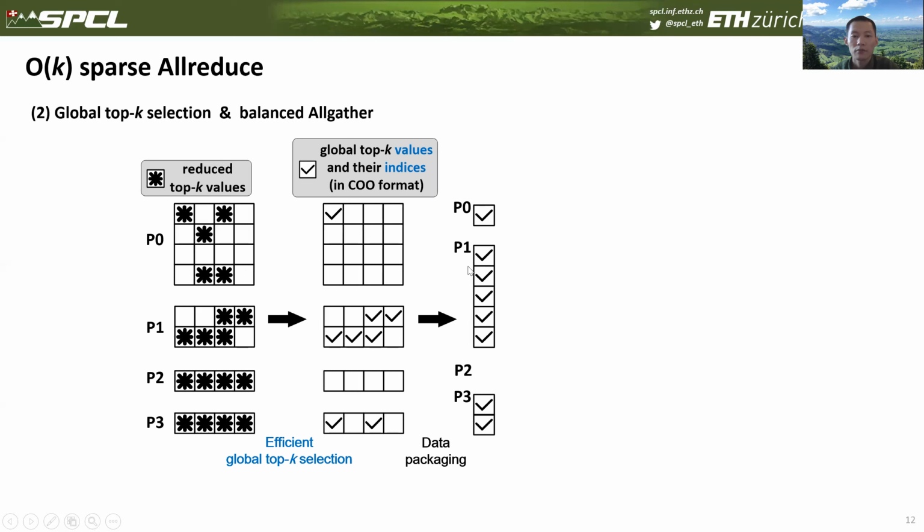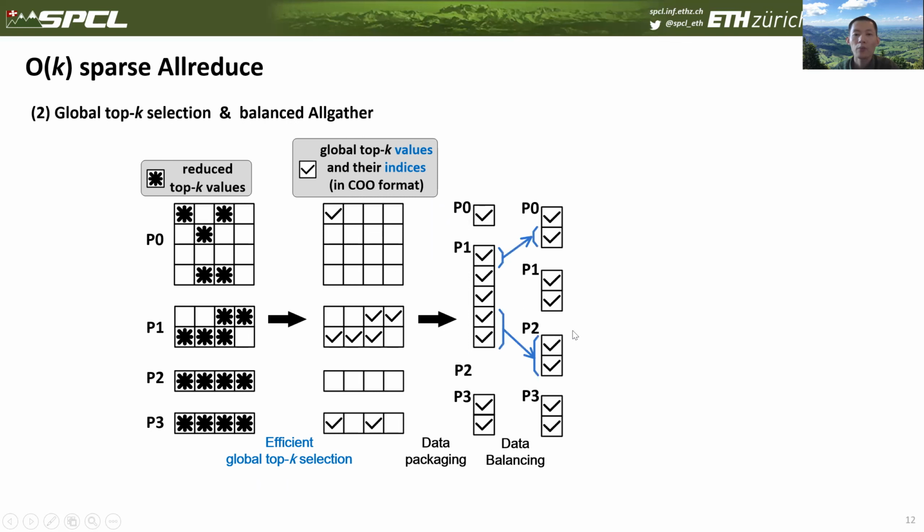And after that, each worker will package the global top K values into a consecutive buffer. You can see the global top K values are also not uniformly distributed among the workers. If we conduct all-gather on these buffers, it will lead to severe communication workload imbalance. Therefore, before all-gather, we do data balancing using point-to-point communication.